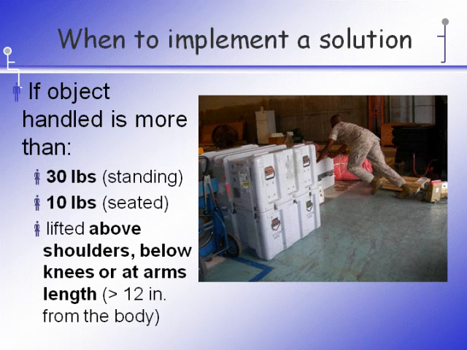You can see from the manual materials handling tool, which you have found on the Moodle checklist, as well as the background information which you learned from going through not only the NIOSH lifting equation, but the ACGIH-TLV lifting tool and the MIL standard, that anytime somebody's lifting more than 30 pounds from a standing position, 10 pounds from a seated position, lifting with their hands above their shoulders, their arms at or below knee length, or held greater than 12 inches from their body, the task can probably benefit from some type of manual materials handling solution.